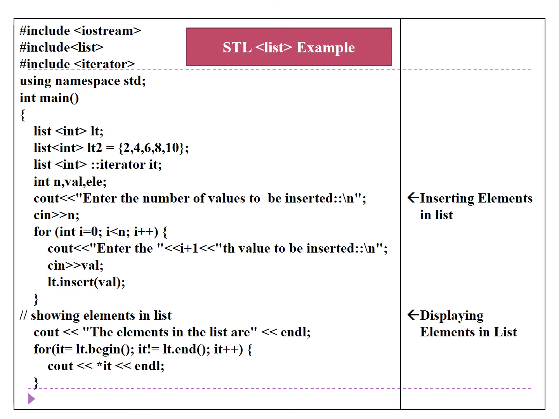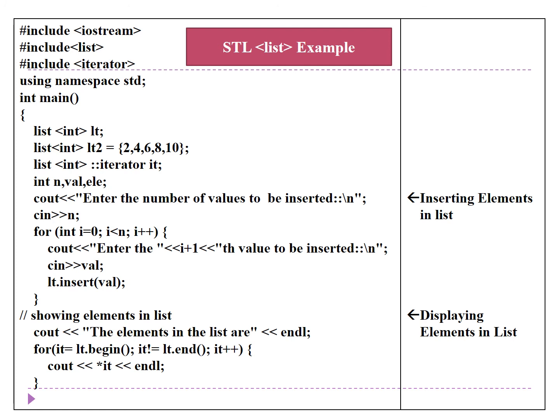To use the list in the program, the list and the iterator libraries are included in the C++ program. In the example given here in function main, LT is an object of list which holds data values of data type integer.